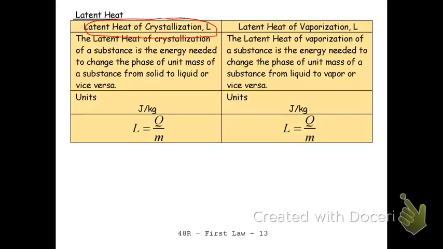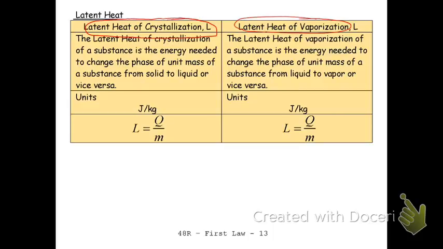And to go from liquid to vapor, we have latent heat of vaporization. Now that doesn't mean it has to vaporize. When you're condensing a vapor into a liquid, it's the same number. Either way, they just have to give it a name. So don't think it's only when you vaporize, and if you go from the vapor to the liquid, this doesn't work anymore. It's the same number. It's just that they had to call it something.